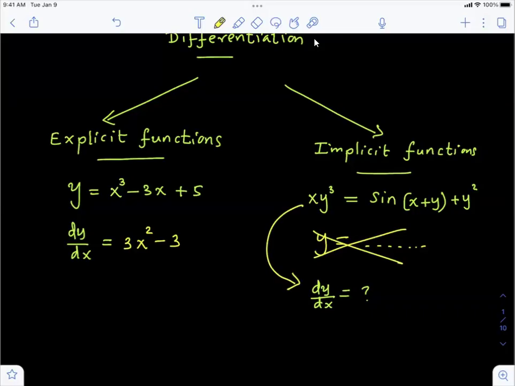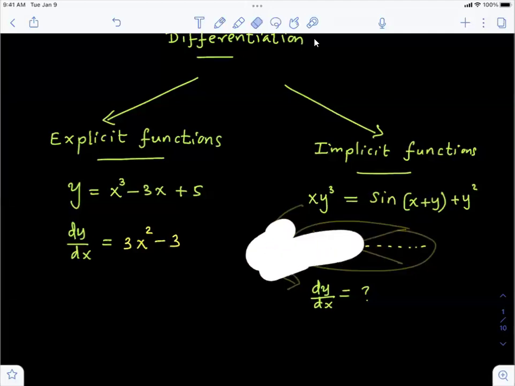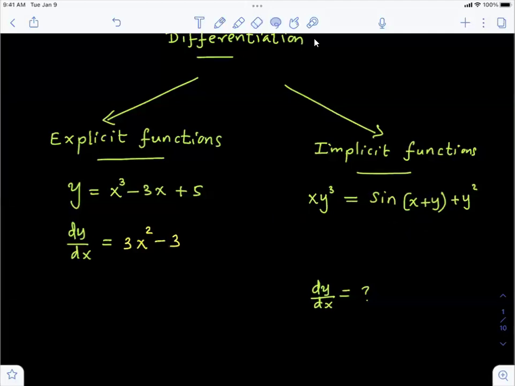We can get to the derivative dy by dx out of this relationship, directly, without being concerned about explicit illustration of the dependent variable in terms of the independent variable. So how do we do this process? That's exactly what we are trying to learn in this lesson.